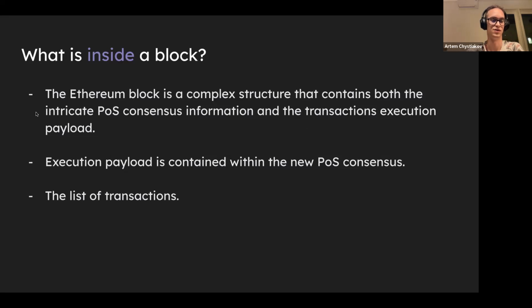But after the merge, the whole proof-of-stake consensus information was added on top of the previous execution payload. So the execution payload is contained within the new proof-of-stake consensus, and it contains the list of transactions.